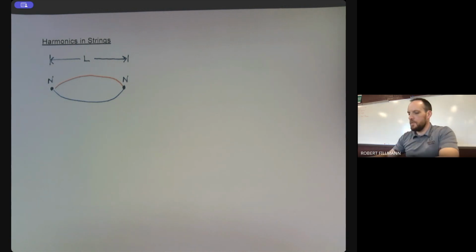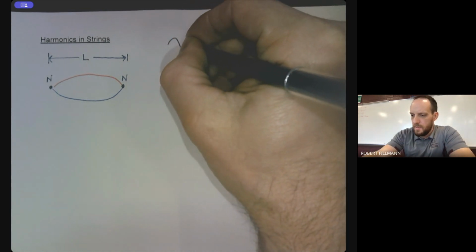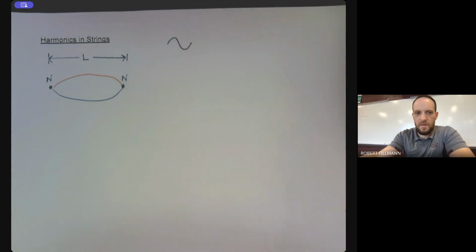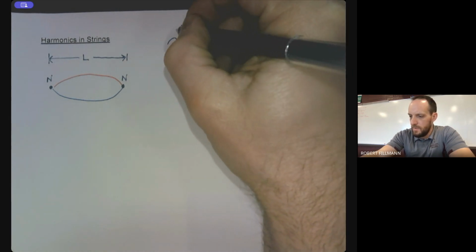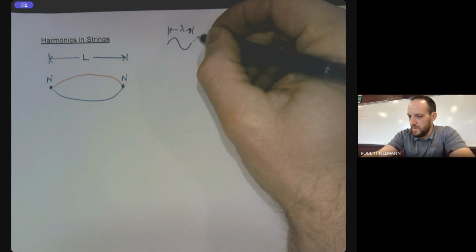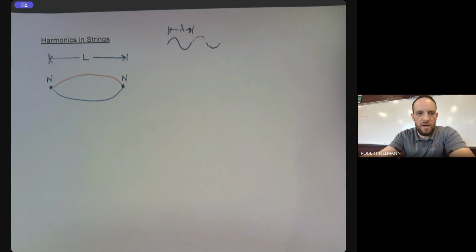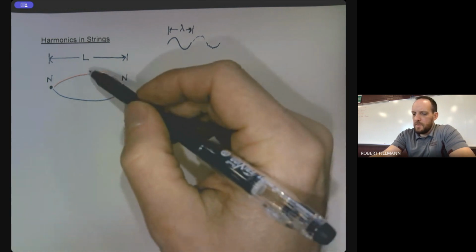Okay. If you think about this in terms of waves, remember that an entire wave is an entire crest and a trough. So this is the length of a wave, lambda, a crest and a trough, and after that it's just going to repeat itself again. You'll get another crest and a trough for the second wavelength. If you look at this pattern, how much of a wave are we looking at for the length of this string?